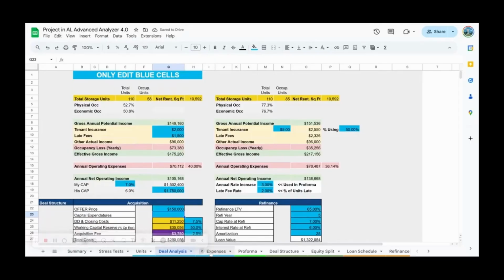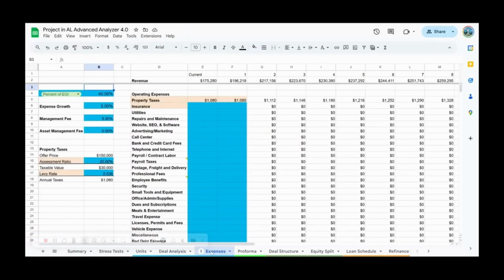So now we come down to our expenses, and you can see up here in cell A4 you have a selection box. In this selection box you want to determine how you want to calculate your expenses. The first option is just calculating based off the EGI, which is also known as the revenue, which is the top row up here.